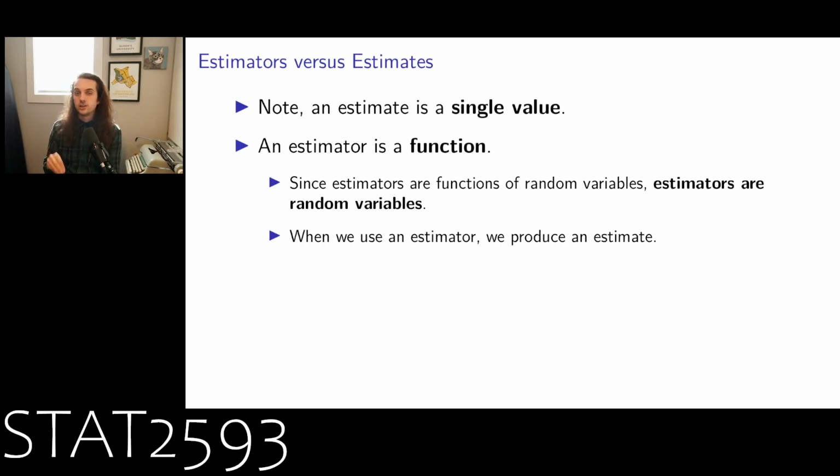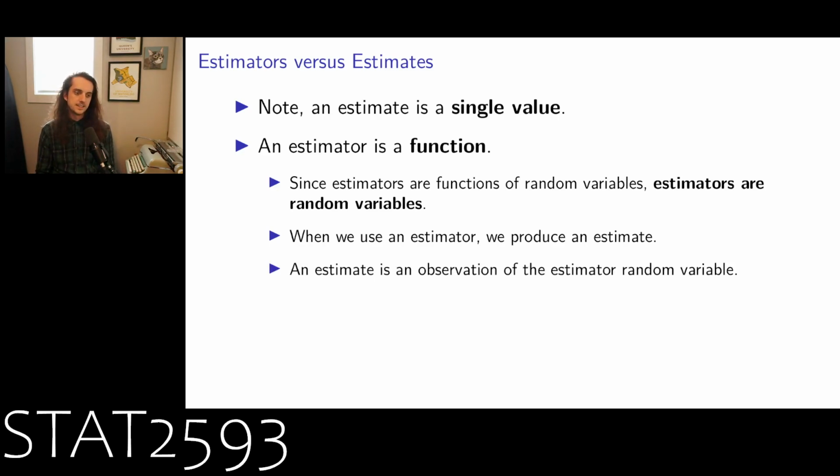Anytime that we actually use the estimator, we're producing an estimate. So if you actually take the square root of the maximum value in a data set, that's going to be an estimate for that value. Before you've actually collected the data and gotten a number out, it's an estimator. We can think about an estimate as being an observation from the estimator random variable, right?